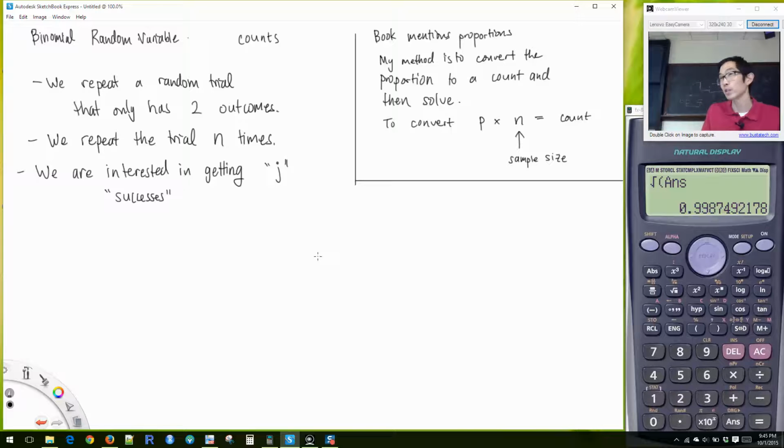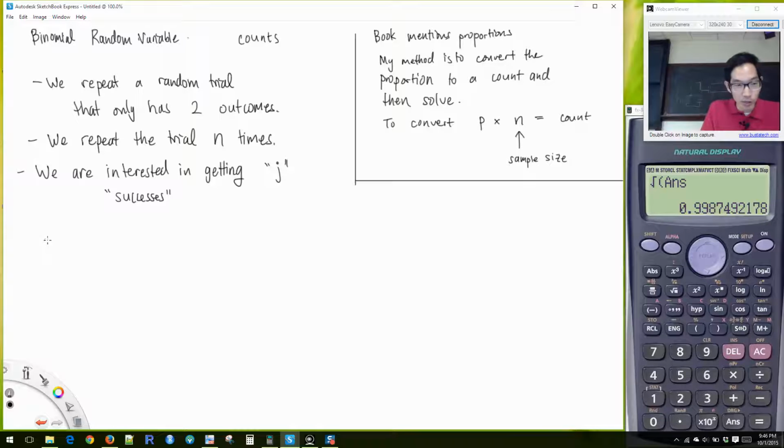So we're asking, did this happen or did this not happen? We arbitrarily label one of them to be success, okay? It could be, I'm randomly picking 100 people. What is the probability that 20 of them have some disease? In this case, we would label having the disease as a quote success, even though it's not a success in any traditional meaning of the word.